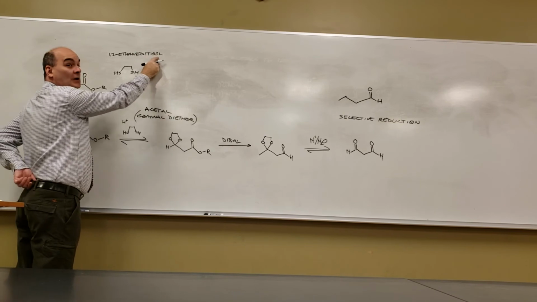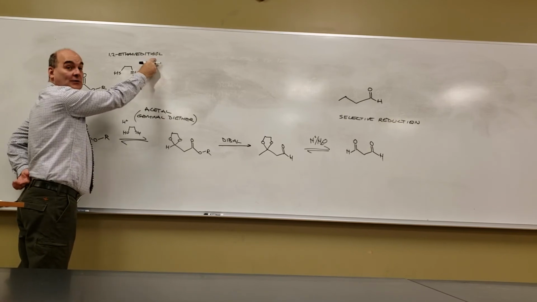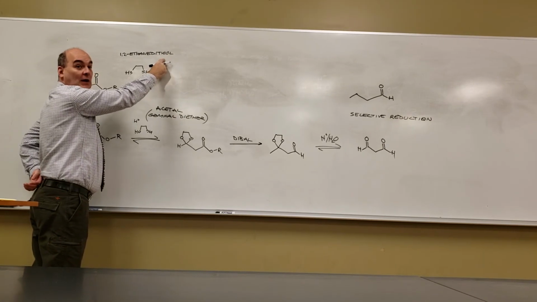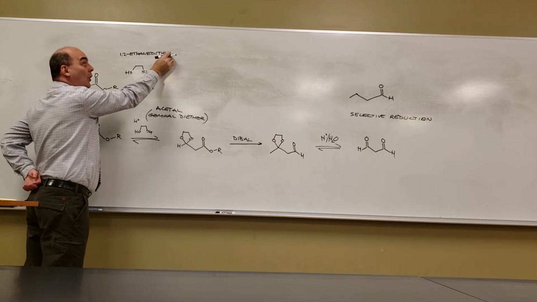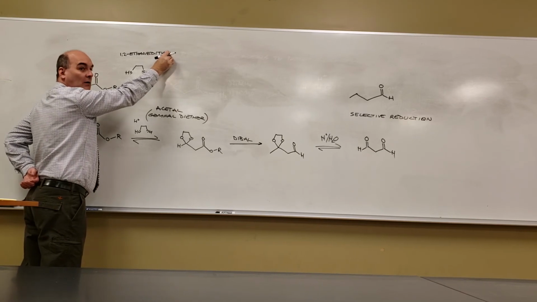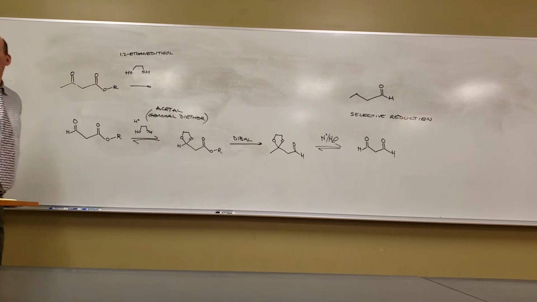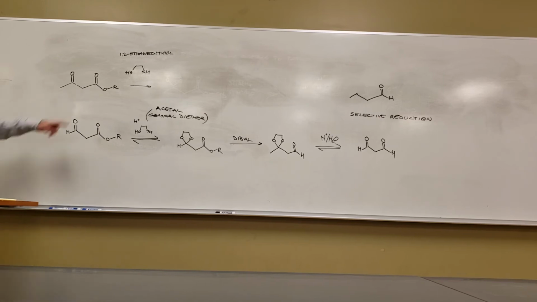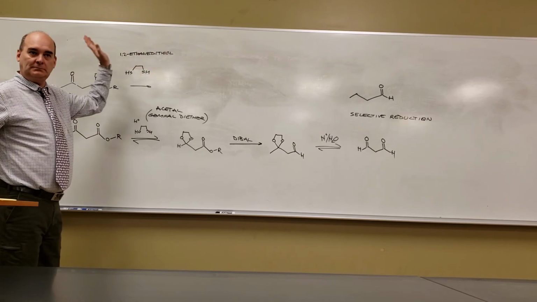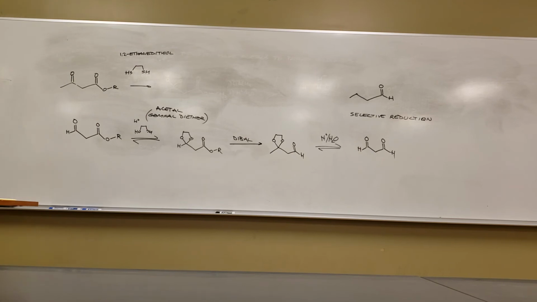Thio, in a word, means find the oxygen and replace it with sulfur. So ol means alcohol. Thiol means replace the oxygen in an alcohol with the sulfur. And this is a dithiol. So find both oxygens in a diol and replace them both with sulfur.